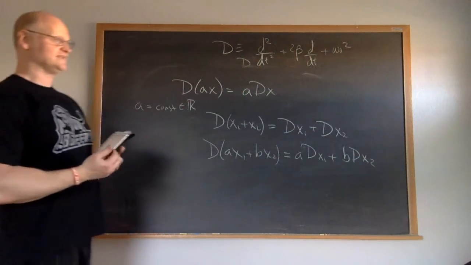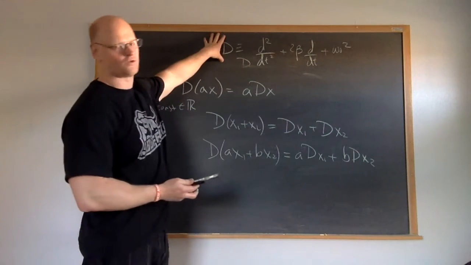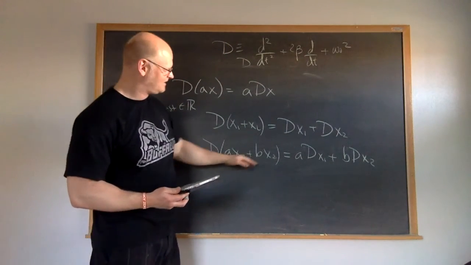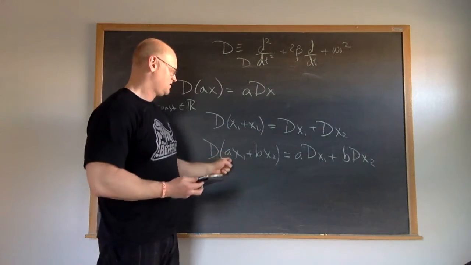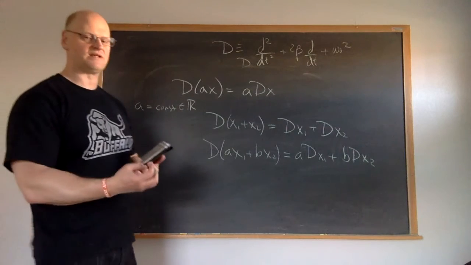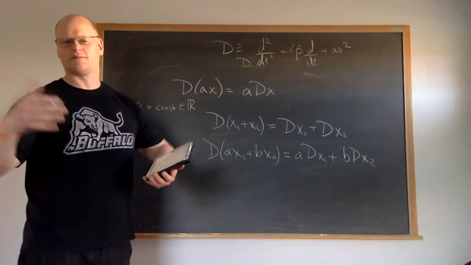So ultimately all this says is that if I have two functions which satisfy this second order differential equation, then by adding these two functions with particular coefficients, the sum of those is simply a solution of this original differential equation. That's all this says. It's simply talking about superposition.